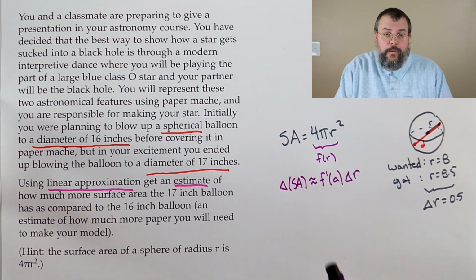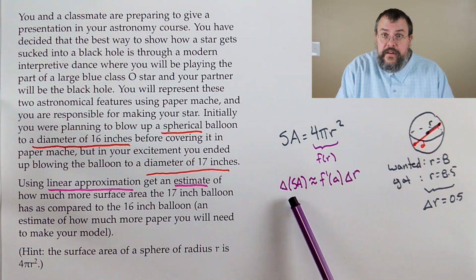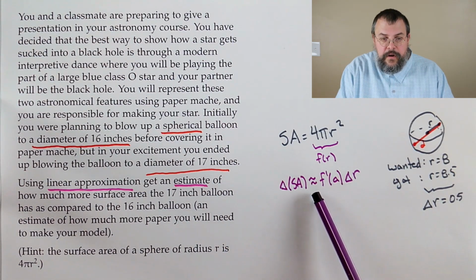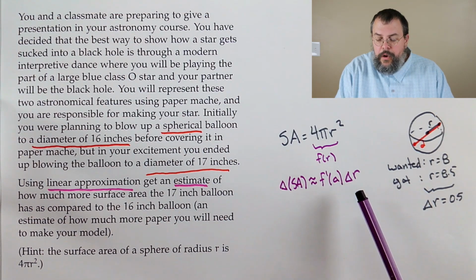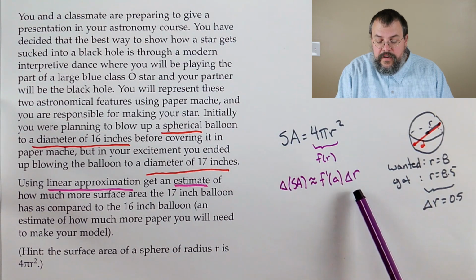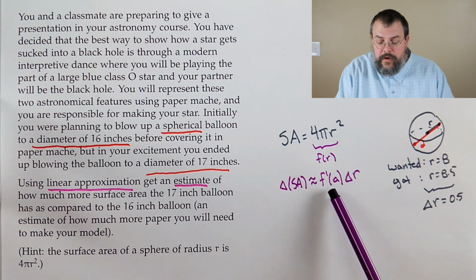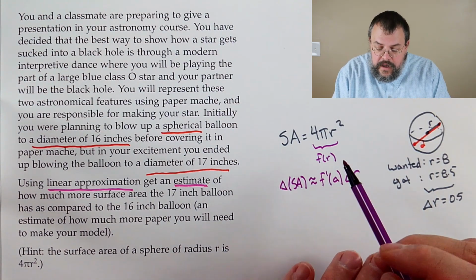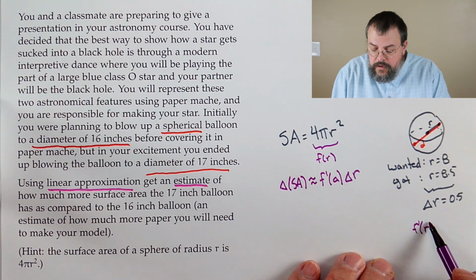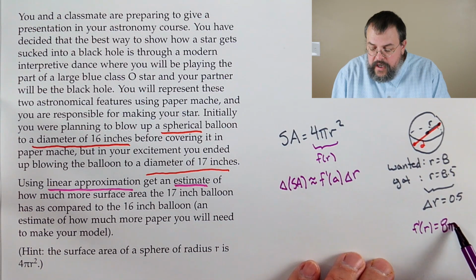Now, we are after the change in our surface area, and in particular an estimation. We know what our change in our radius is. It's 0.5 or 1/2. So we need to figure out what's our derivative. Well, if our function is 4 pi r squared, our derivative would be 8 pi r.